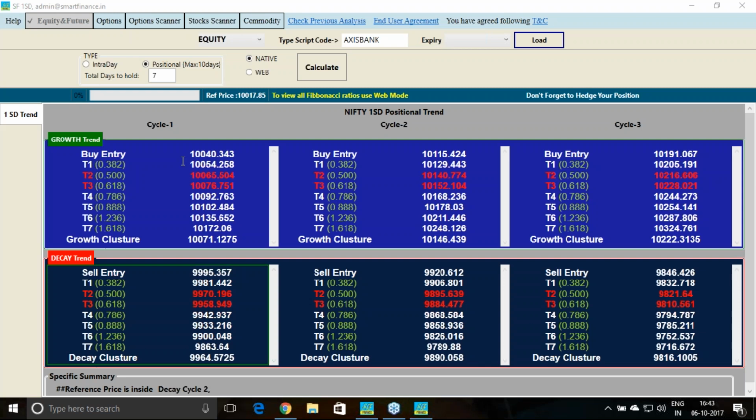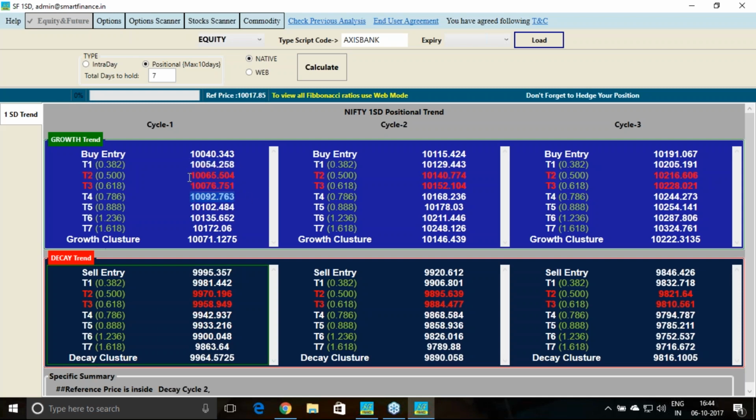Once you are buying the options with hedging, your first target is the 0.618 level, post that the 0.786 level, and you go on trailing the stop loss based on that. This is the process I always tell. Once you achieve the first target of 10,077, trail your stop loss to the 0.382 level.